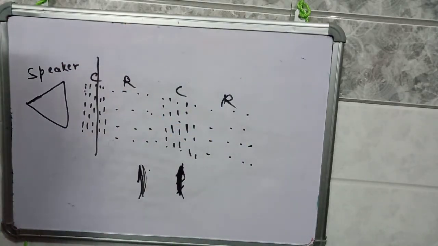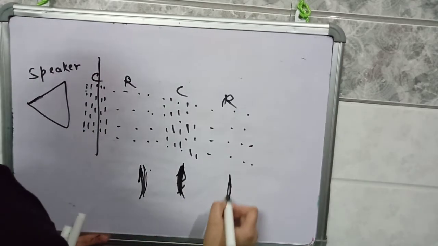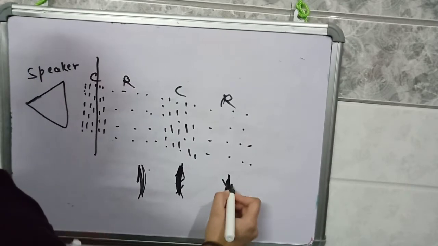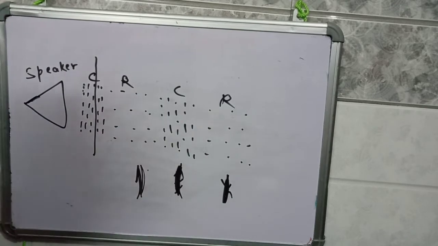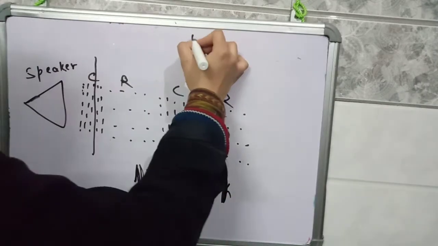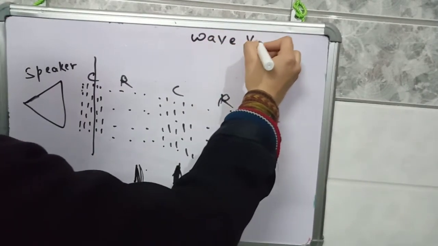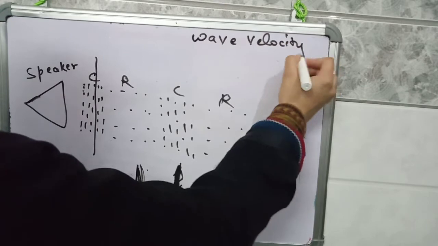We calculated the velocity in oscillatory motion in the previous chapter. Also there is transfer of energy at some rate in the motion of a wave. So one is wave velocity and one is particle velocity.